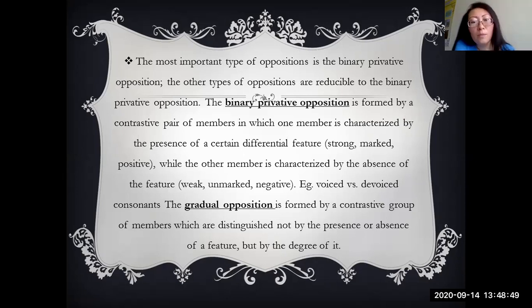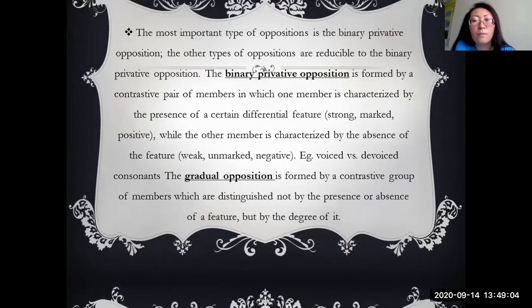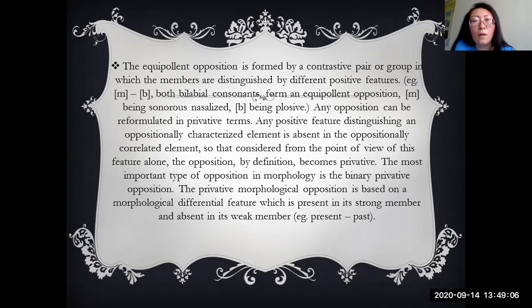The gradual opposition is formed by a contrastive group of members which are distinguished not by the presence or absence of the feature, but by the degree of it. The equivalent opposition is formed by a contrastive pair or group in which the members are distinguished by different positive features.